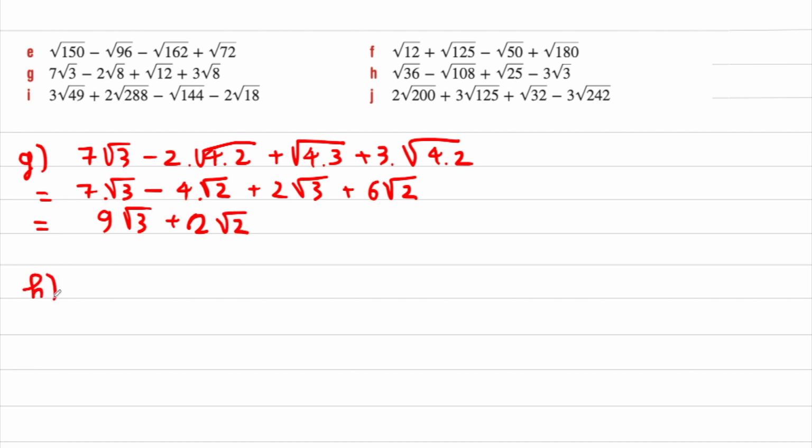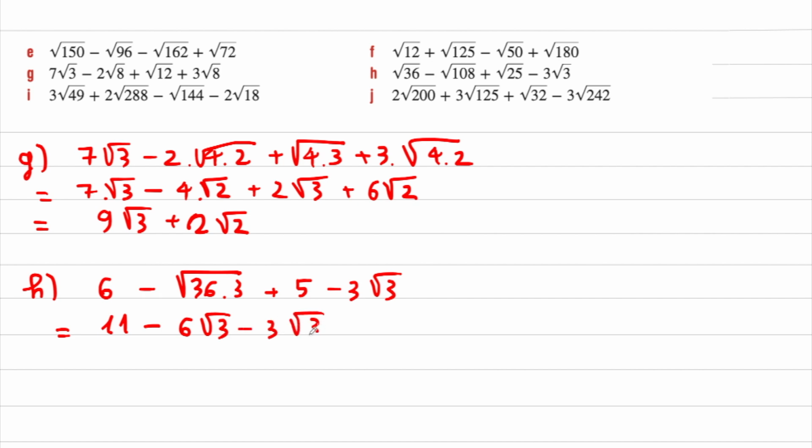Question H, you got 6 for the first one, 108. 36 times 3, 5, and minus 3 square root 3. 6 plus 5 equals 11. Here is 6 square root 3 minus 3 square root 3 here. And then you got 11 minus 9 square root 3.